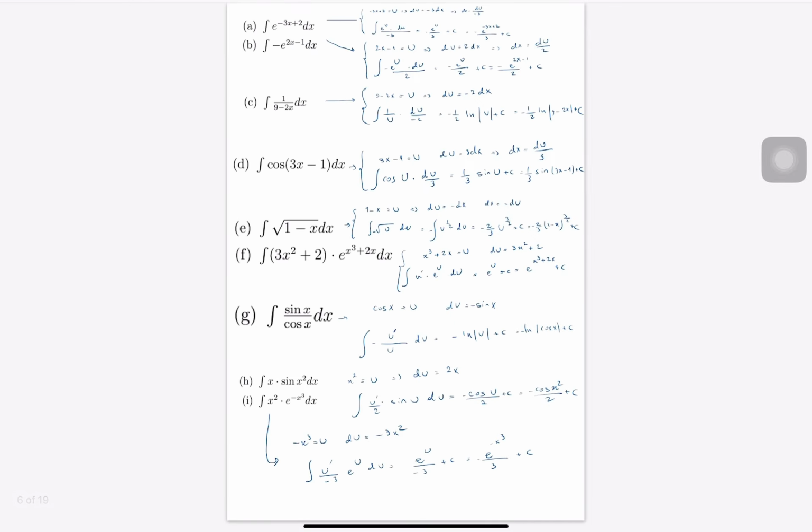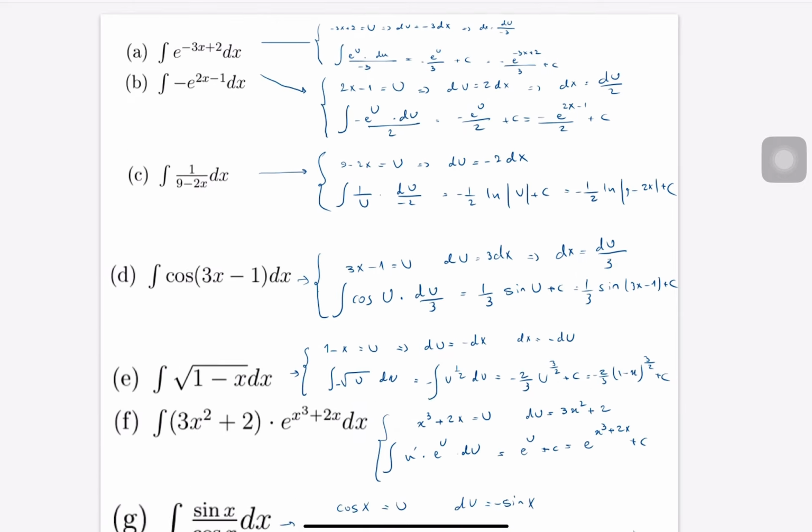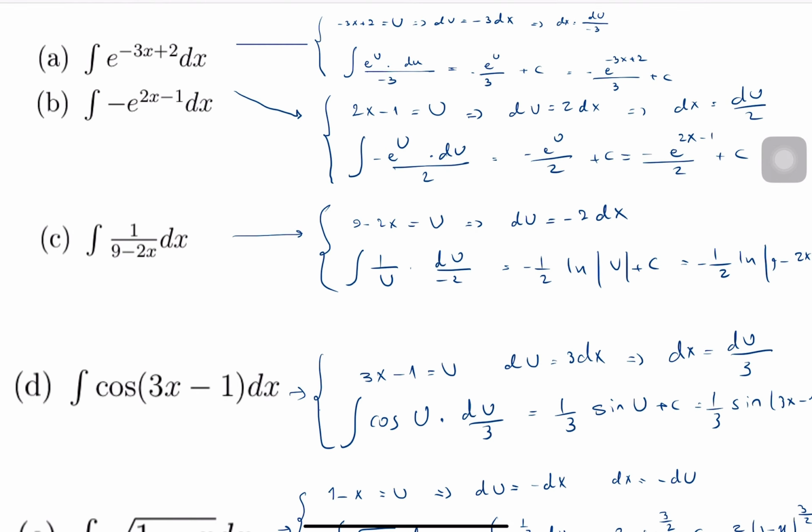As you see here, for example, in the first example, the integral of e power minus 3x plus 2. First, I choose minus 3x plus 2 as u. Then I take the derivative and find dx from here.